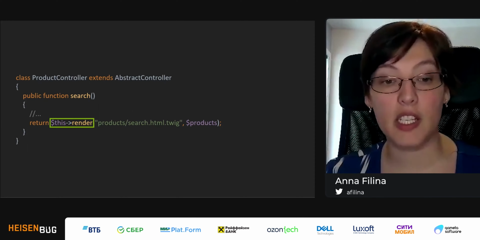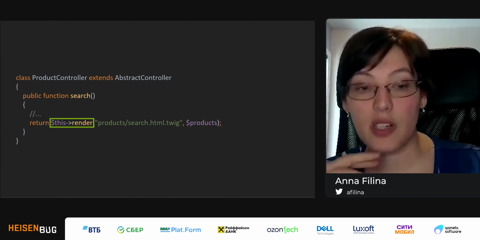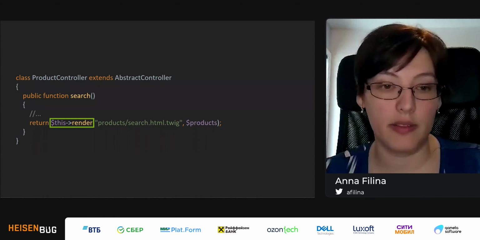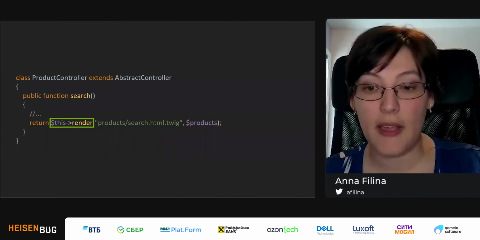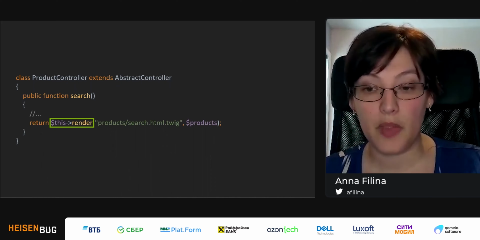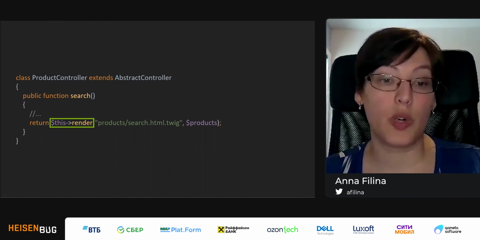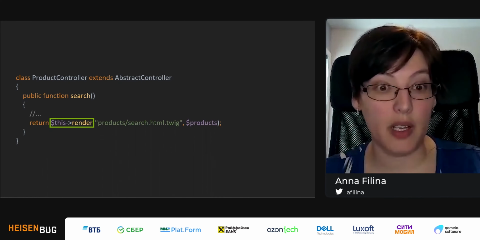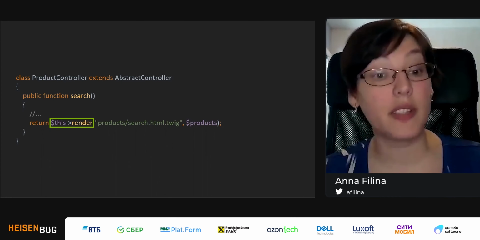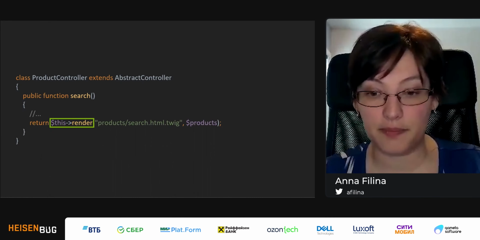The reason is that the method this->render actually comes from the abstract controller, the parent of the product controller class. That means we need to bootstrap the whole framework. Additionally, we're touching the file system, because we have a path to a view file. So this is definitely not going to be a unit test.